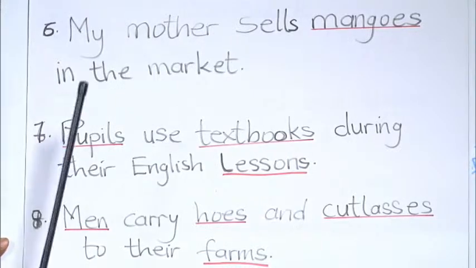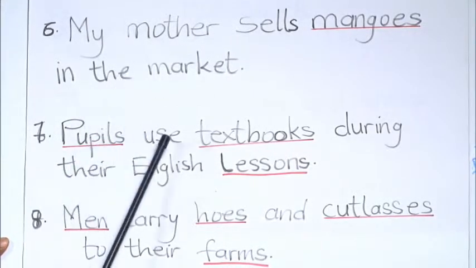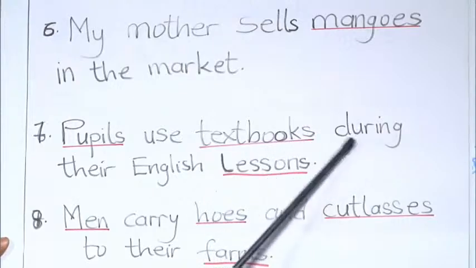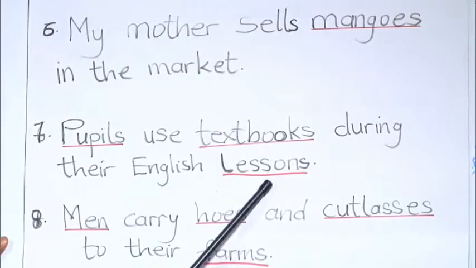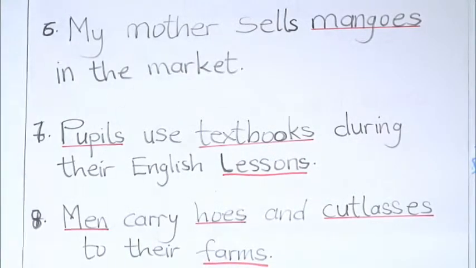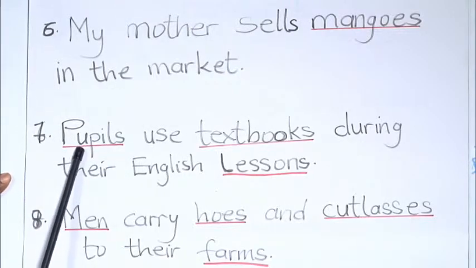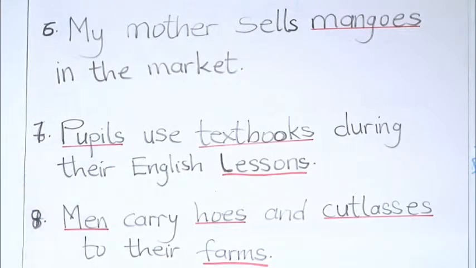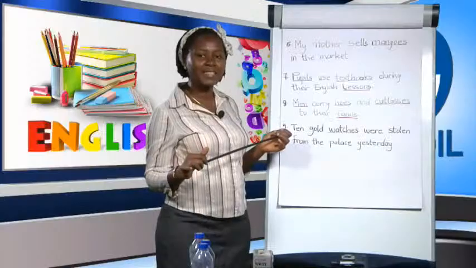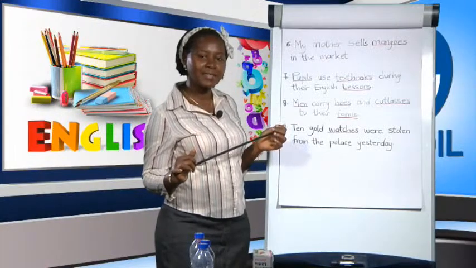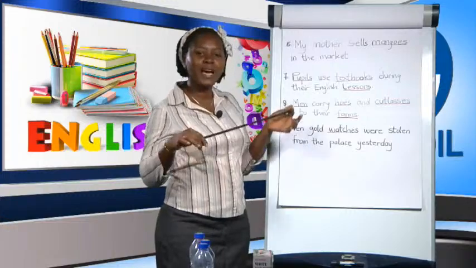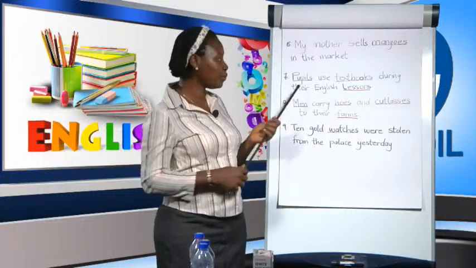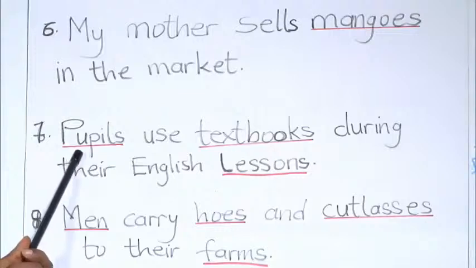Number 7, pupils use textbooks during their English lessons. How many countable nouns or count nouns do we have here? Let's see. Pupils. Can we count the number of pupils in your class? Yes, we are 25, so pupils is a count noun.